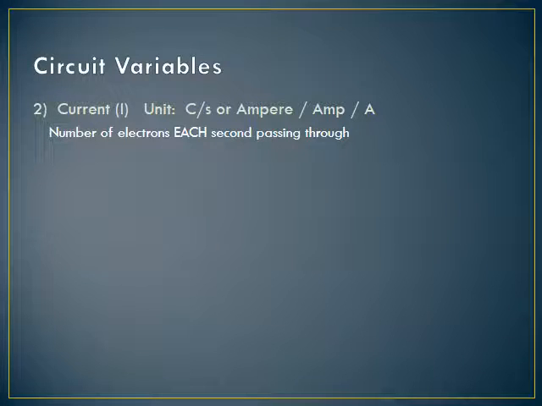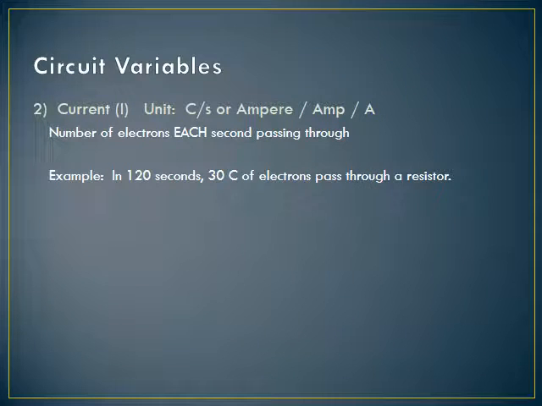How many electrons every second are going through. The unit for current is going to make a lot of sense if you consider the definition. The unit is coulombs per second, so number of electrons every second. And we do have a shortcut for that. It's known as an ampere, which is sometimes abbreviated amp, or even just plain old A.